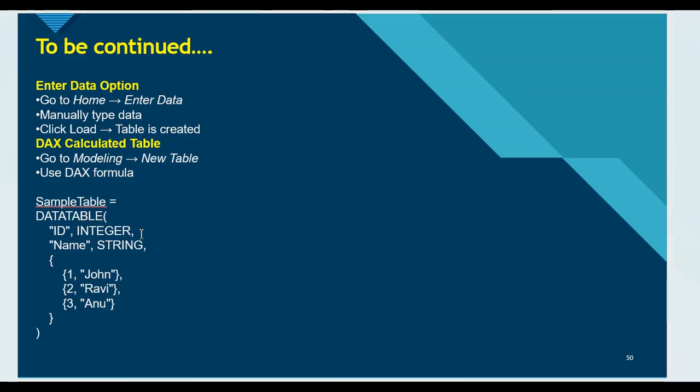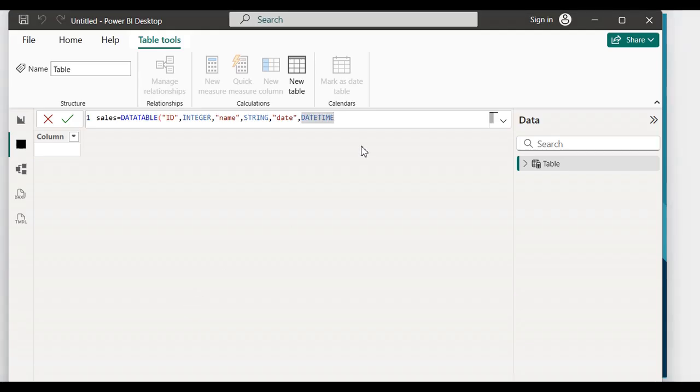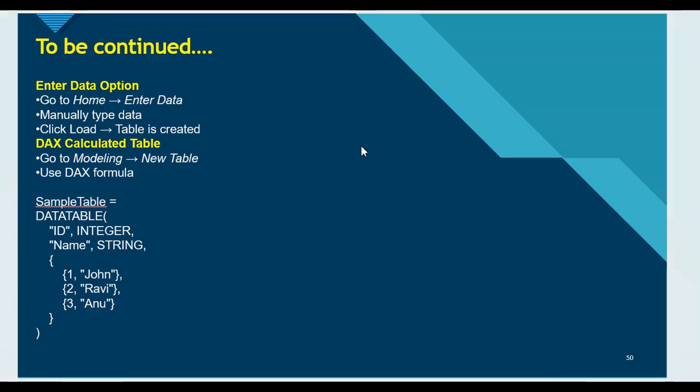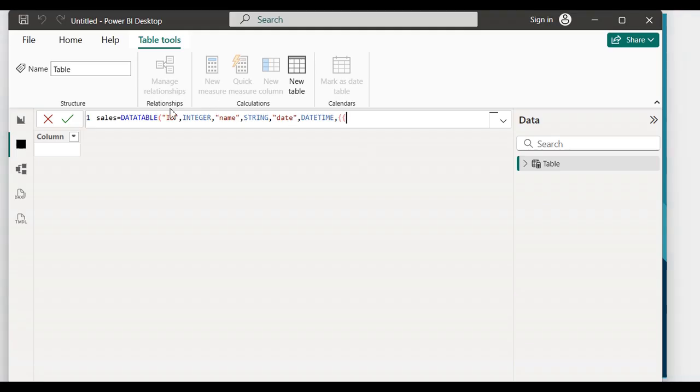After giving the column names and types, you have to enter the values. Give the comma, then enter the records according to the column names. ID 101 and name Ram. Next is the date, so you have to enter the date 2020-03-04 something like that.